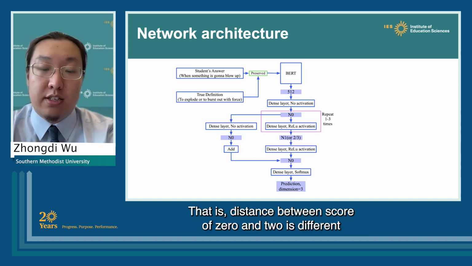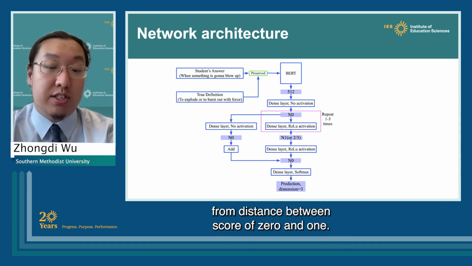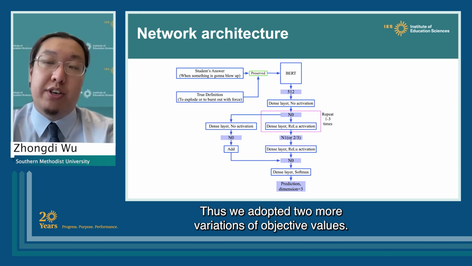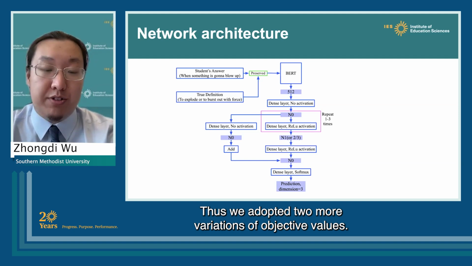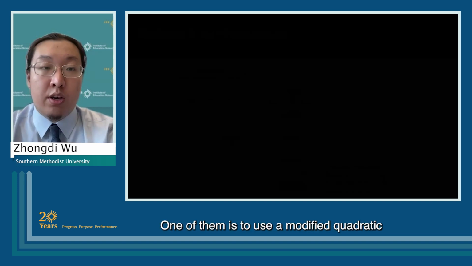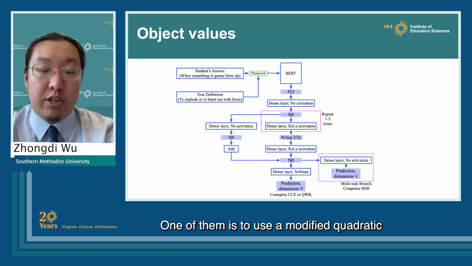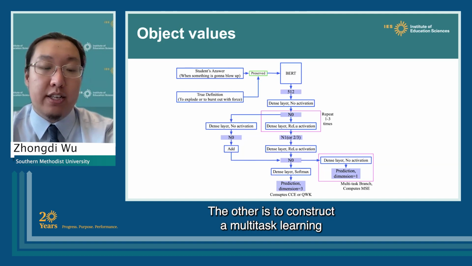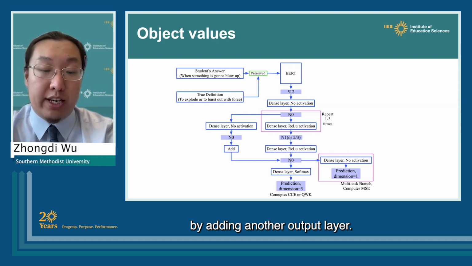That is, distance between score of 0 and 2 is different from distance between score of 0 and 1. Thus, we adopted 2 more variations of objective values. One of them is to use a modified quadratic weighted kappa loss function shown by Jordi et al. in 2018.